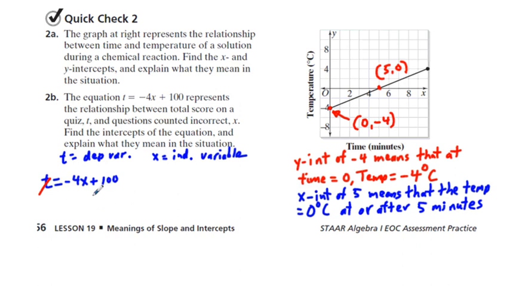We subtract 100 from both sides, we have negative 100 equals negative 4x. And if you divide by negative 4, you get x is equal to 25. And that's going to be our x-intercept.